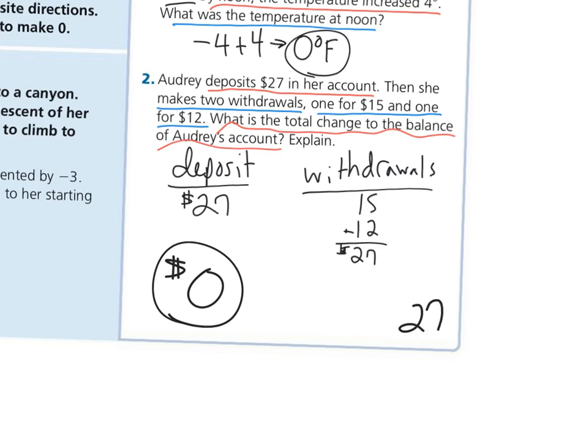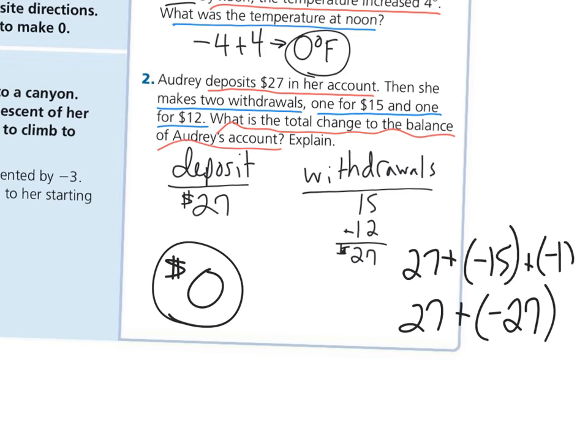A way of looking at this, you could say 27 plus -27, or you could back it up and say 27 plus -15 plus -12. It might be easier just to look at what we have in deposits and what we have in withdrawals, and in this case they just cancel each other out.